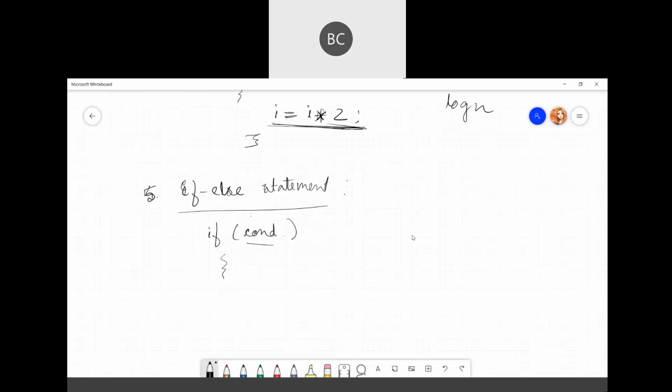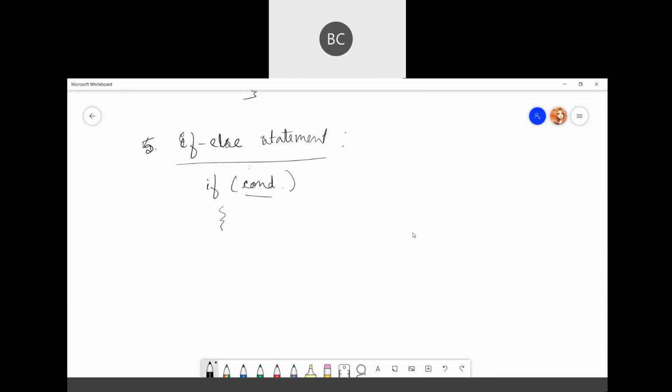Then inside the if, there can be any statement again. Doesn't matter what the statement is. Sometimes if it is a simple, normal statement, it will simply take constant time.